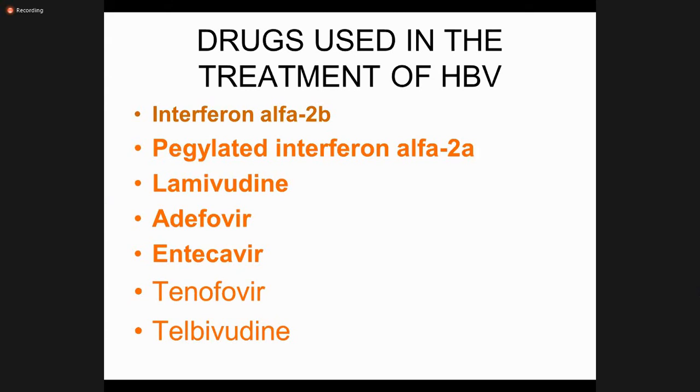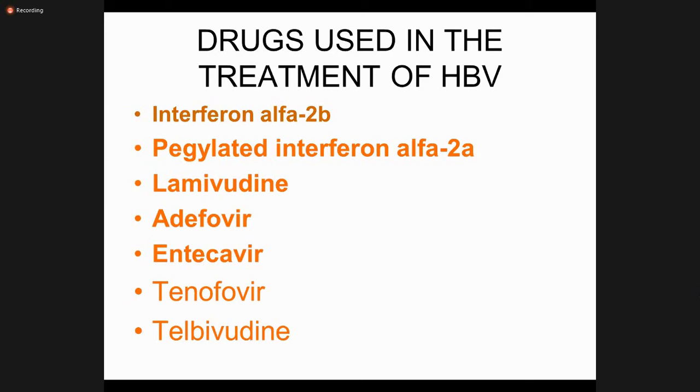Okay, the drugs that we use in the treatment of hepatitis B viral infection include interferon alpha 2B and pegylated interferon alpha 2A. What does pegylated mean? When we add a polyethylene glycol molecule to interferon alpha, it is labeled as pegylated interferon.